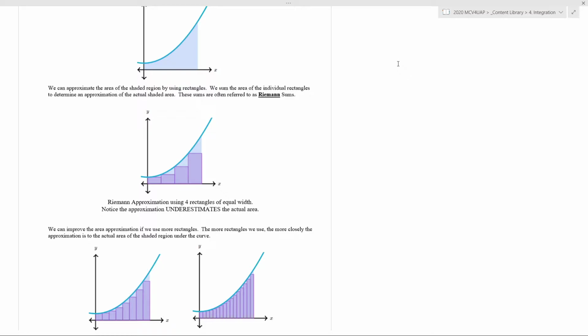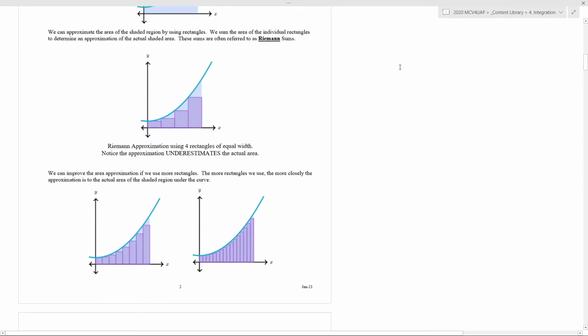And it would turn out that the more rectangles we use, the skinnier those rectangles are going to get. They'll have a smaller width. And if you look at the third diagram there on page 2, you can see that all those tiny areas above the rectangles get smaller and smaller if we use more rectangles.